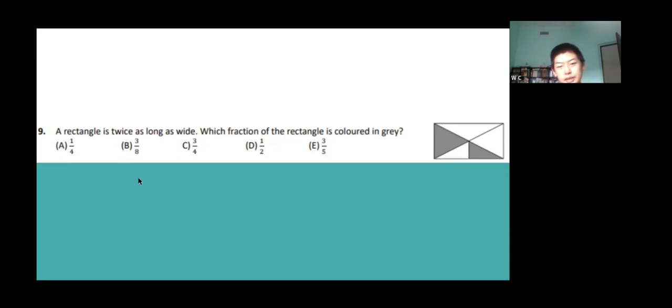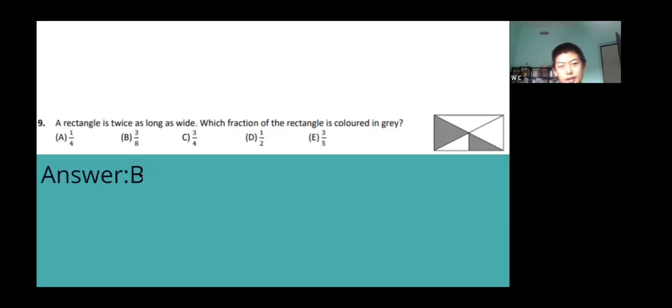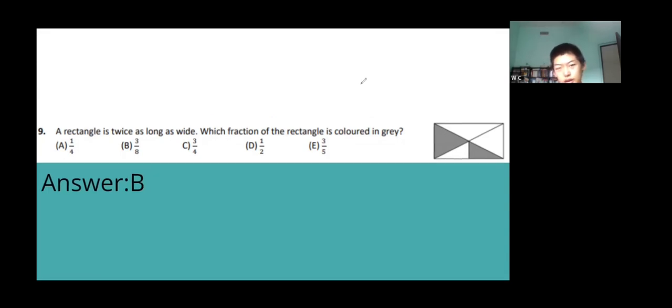So we have two B's, which is correct. Let's do this by looking at each of these parts. So one of these parts is 1/4, while another one of these parts is 1/8.